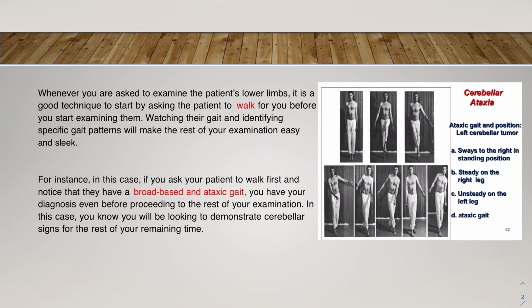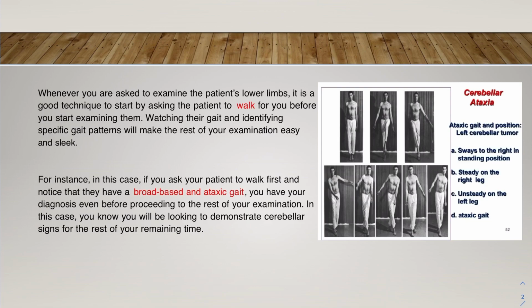If the patient has an ataxic gait, the patient tends to sway to the right or left and will be unsteady if you ask them to stand on one leg. So it will be an ataxic gait, broad-based gait actually.